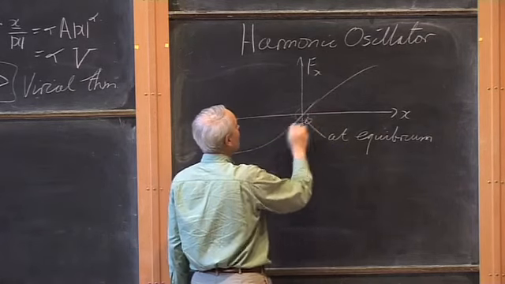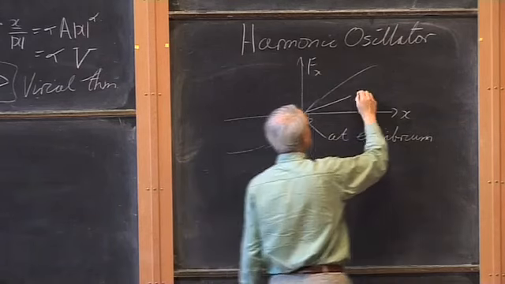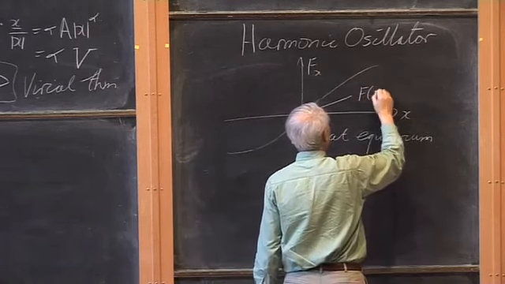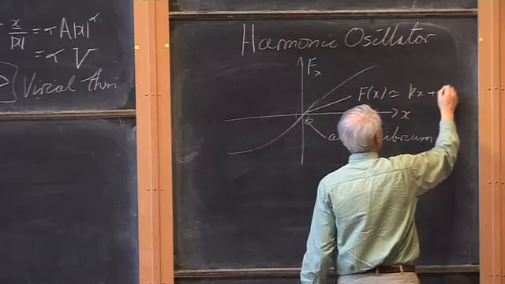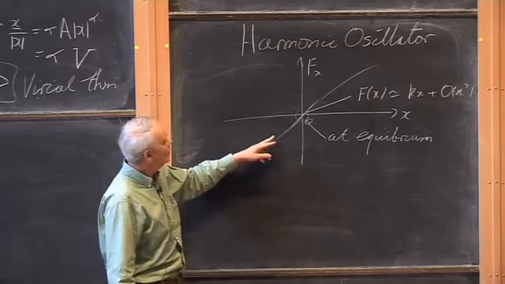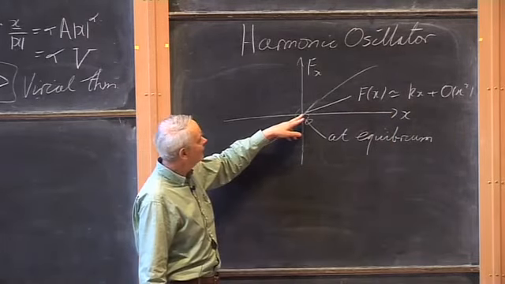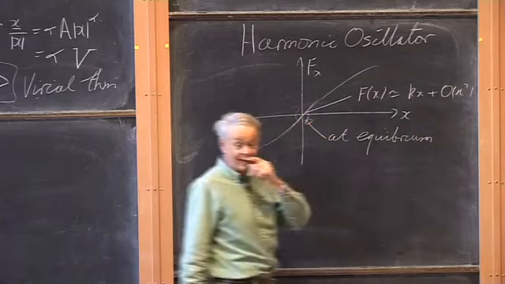Most of the time, you can represent this to a good approximation. You can say that f of x is about equal to kx plus order of x squared or whatever. So to lowest order approximation, because f has to vanish at a point of equilibrium, in the neighborhood of the point of equilibrium, f is going to be proportional to x.